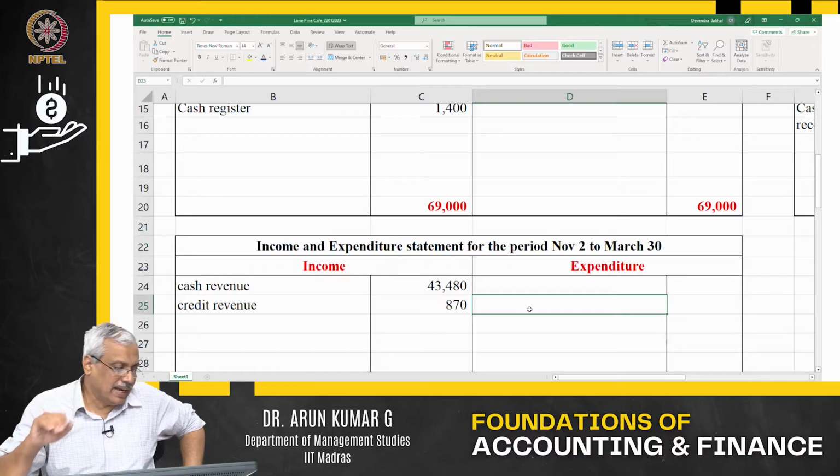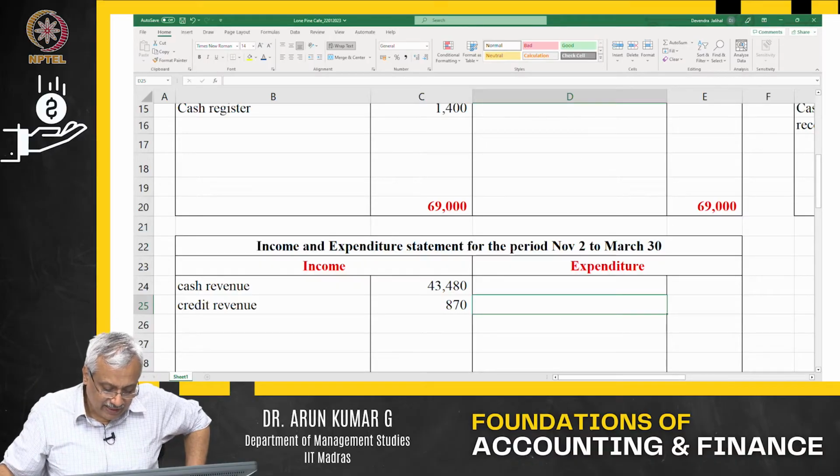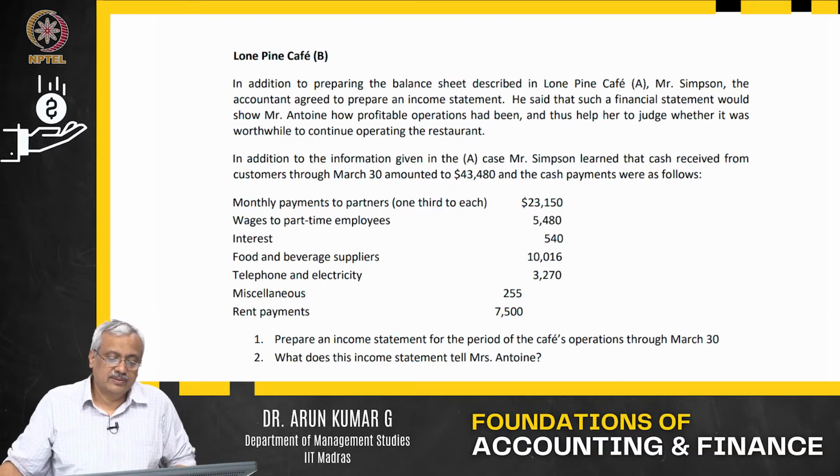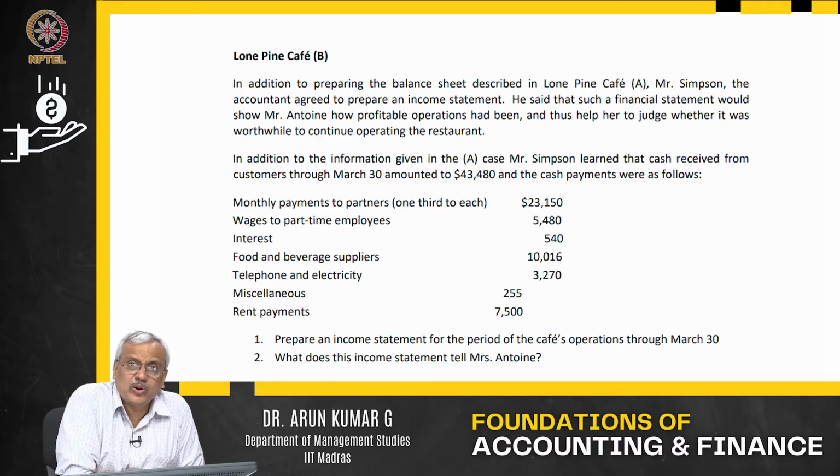Now, let us look at the other parts of the transactions, because I don't see any other revenue. The cash payments are as follows. Monthly payment to partners, one-third to each. That means it is an expenditure, a payment that is made.